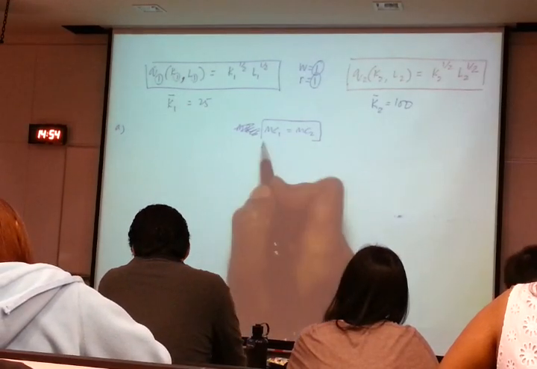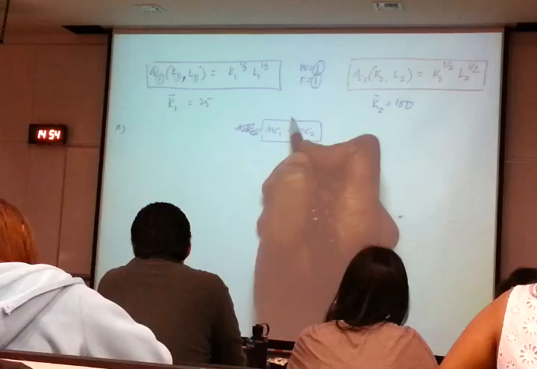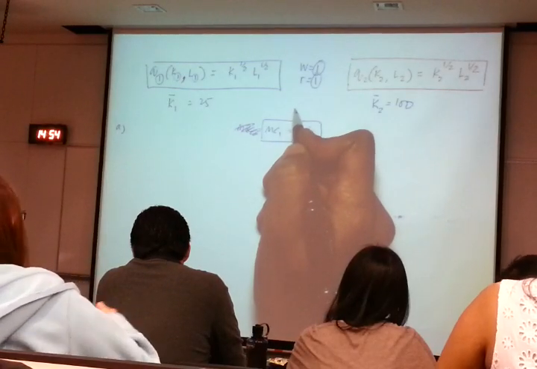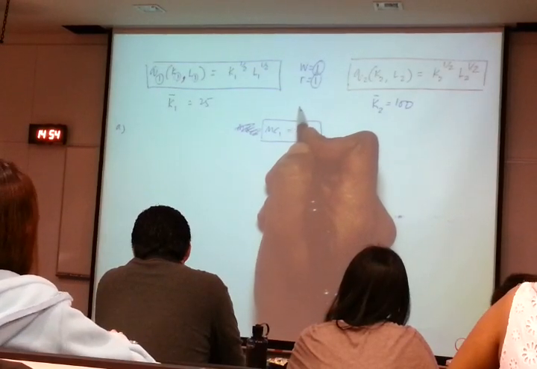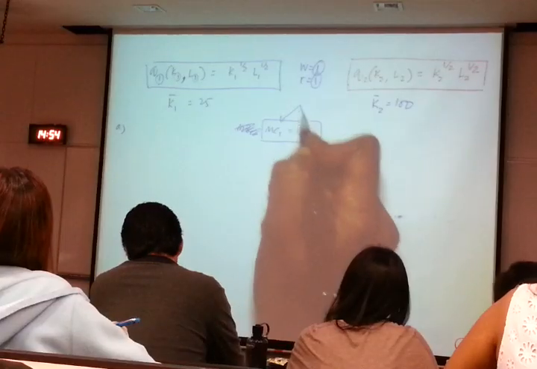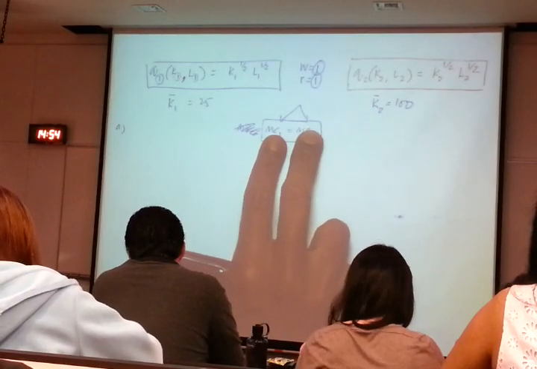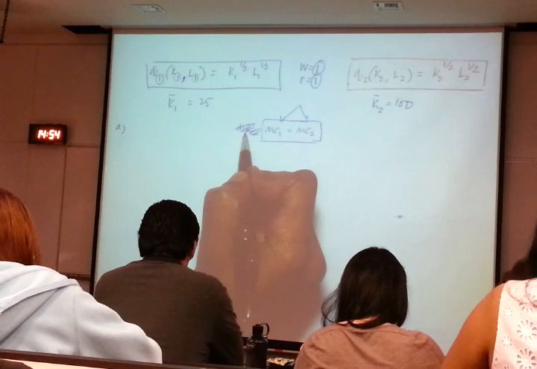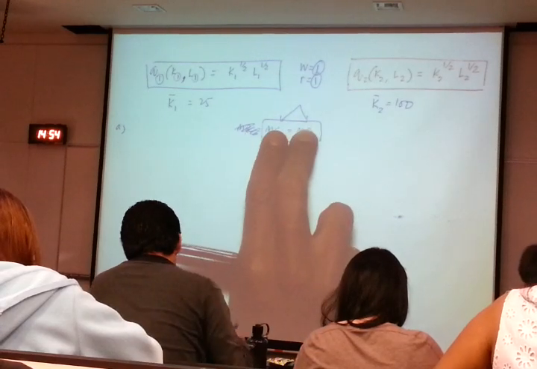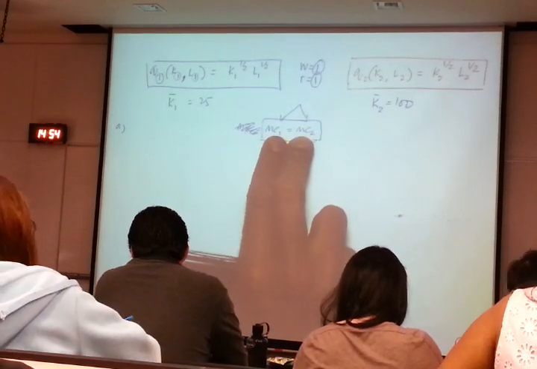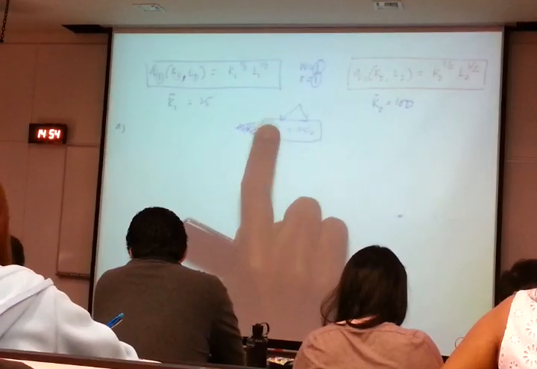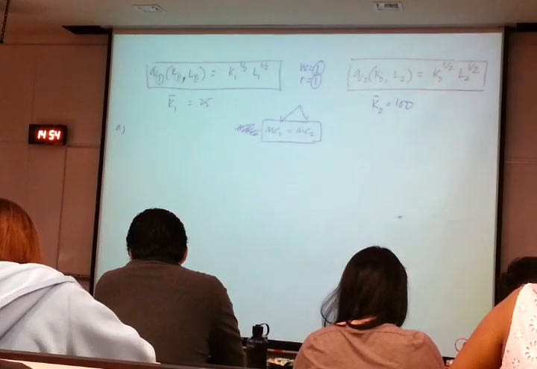But you can still answer the question, whatever the level of output I produce, how do I divide it between the 2 plants? Understand the difference.